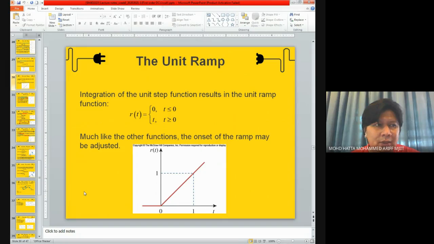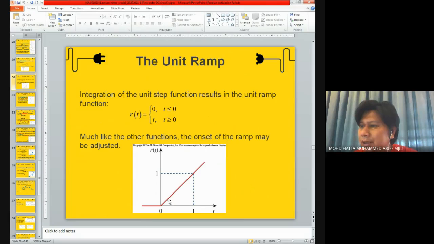If people ask you what a ramp input is, a ramp input means the value over here is not always equal to t. Maybe it depends on the gradient, maybe 2t, 3t.